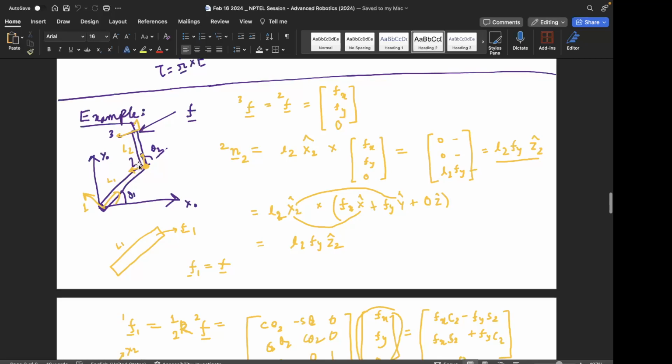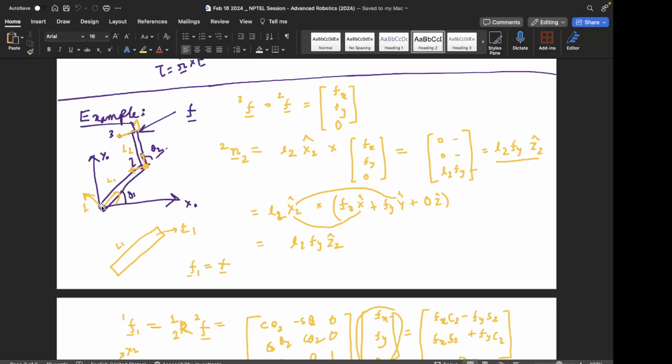So if you isolate this rigid body link, the link 2, then there will be a force at the end effector and a reaction force at this joint, right? If you isolate link 1, then there will be a reaction force at this end and a reaction force at this end from this joint. So those are the two forces which we are equating, right?